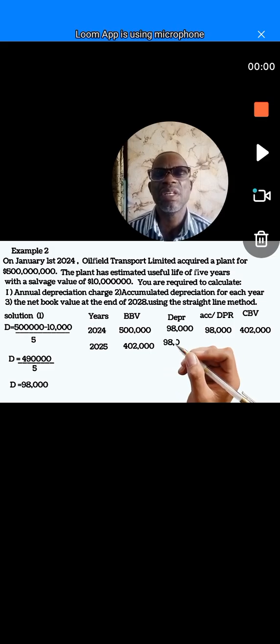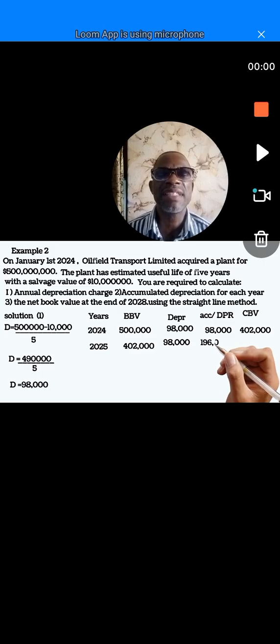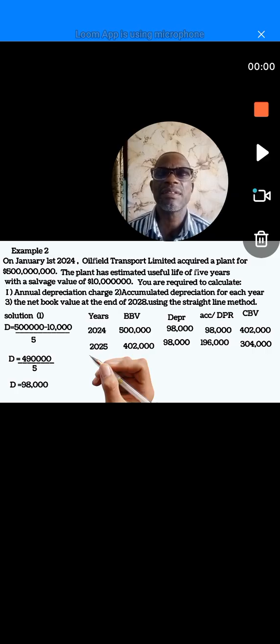Then the accumulated depreciation, which is 98,000 plus 98,000, is 196,000, and the closing book value is 304,000. The next year is 2026, and the beginning book value is 304,000.